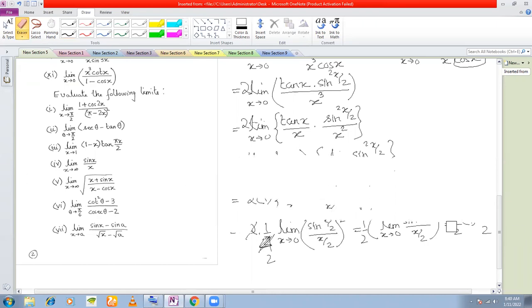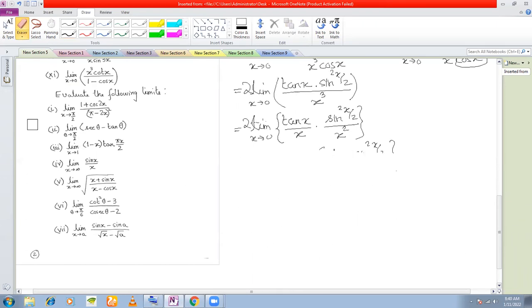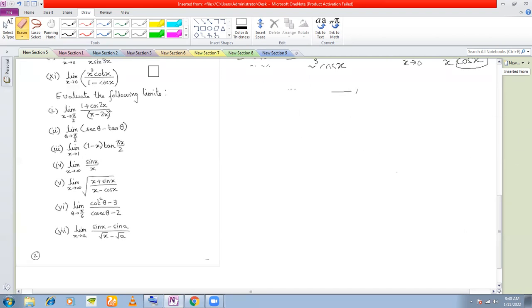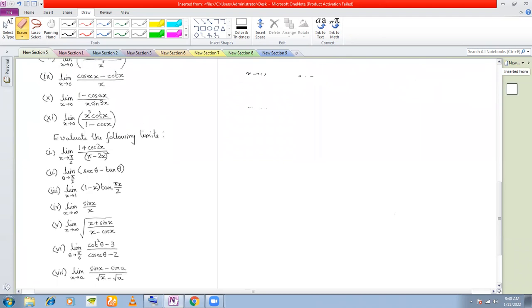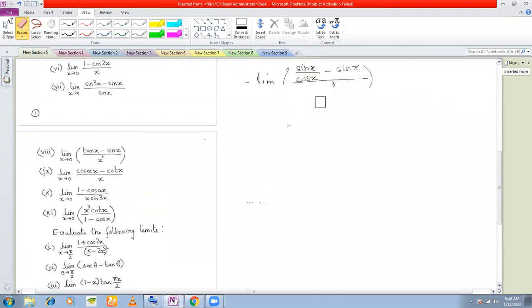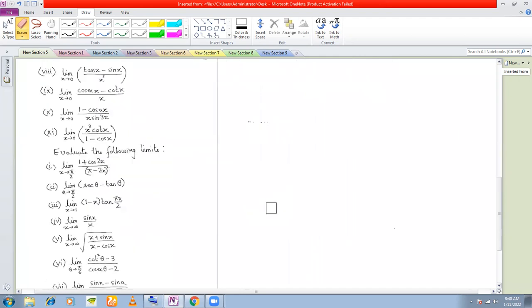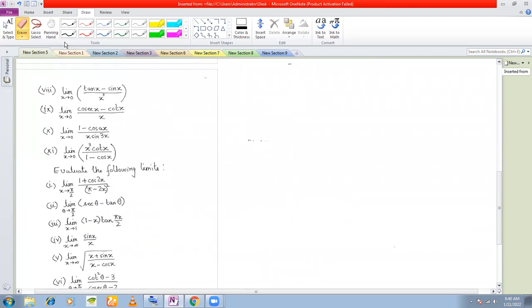Okay, next one. Number 9. Limit x tends to 0, cosec x minus cot x divided by x.